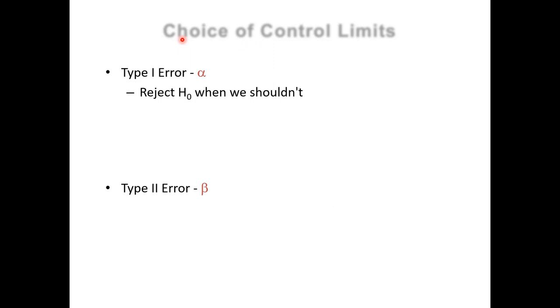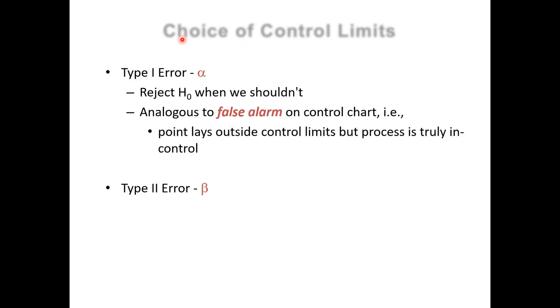Now, in relation to a choice of control limit, for type 1 error, which is alpha, this is the situation whereby we reject the null hypothesis, whereas in actual fact, we should not have rejected the null hypothesis. So in control chart, this is known as false alarm.